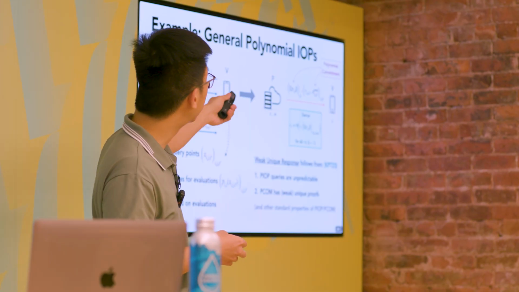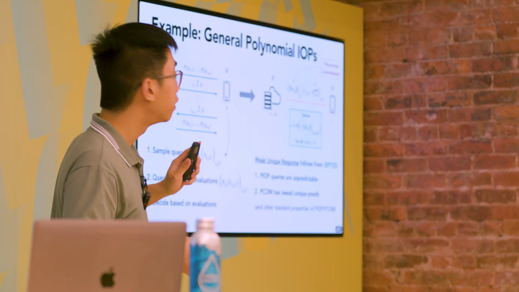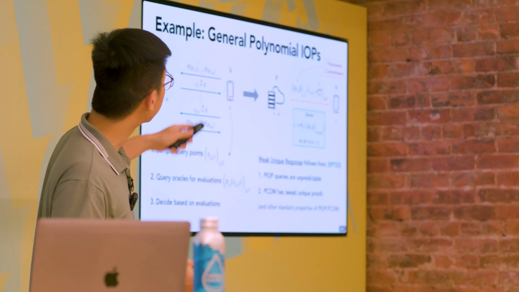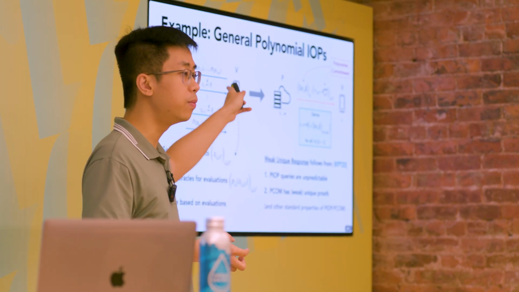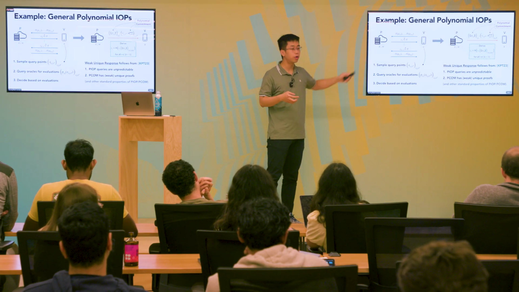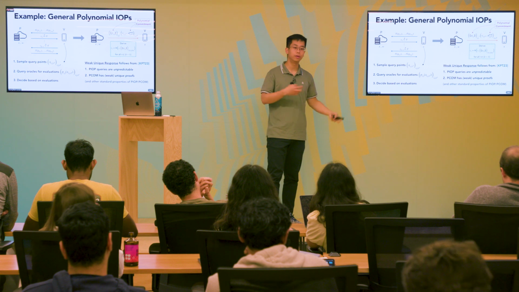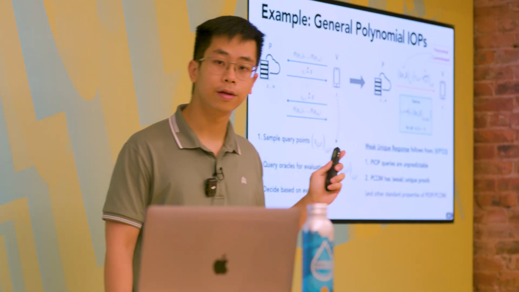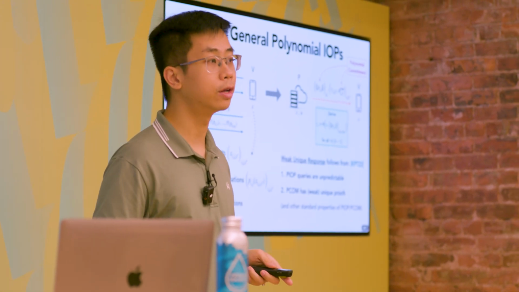If it diverges at one of the evaluations, then it means that it breaks evaluation binding and so on. If it diverges at one of the polynomial commitments, then you basically can't do it because the queries are now unpredictable, so you don't know how to derive the evaluations. That's the end of it for simulation extractability.